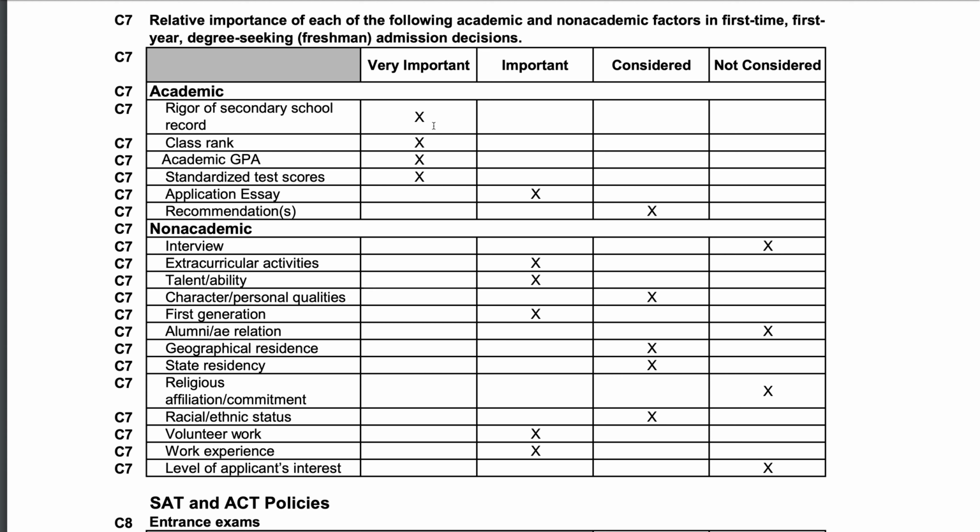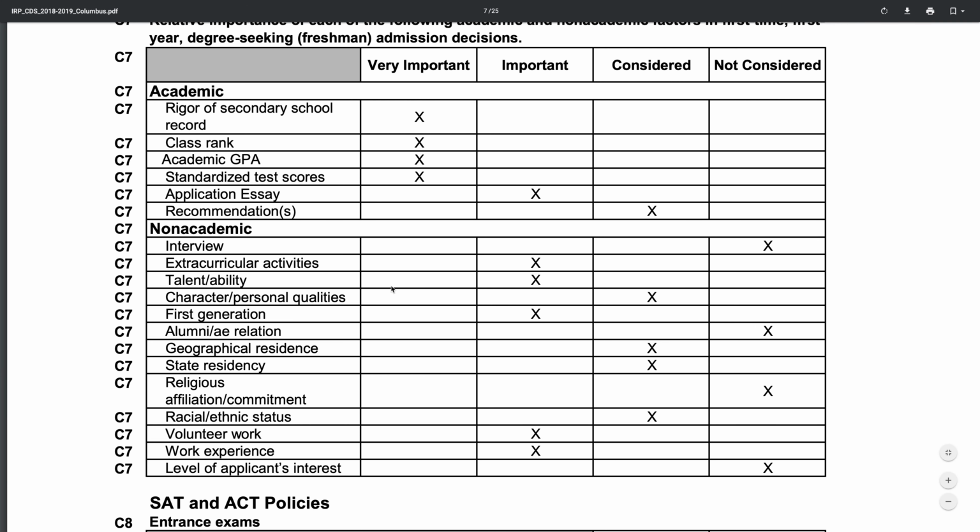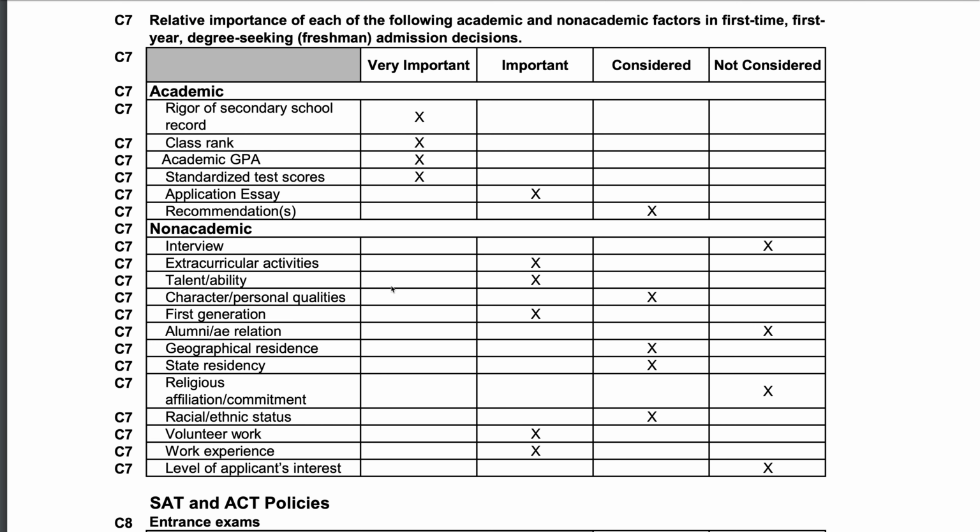They want a high class rank, a high GPA, and a high standardized test score. So this is at least what they need. On the important side, they want a good essay, good extracurricular activities, talent, first-generation status, some volunteer work, and some work experience. So if you have these kinds of characteristics, this might be a great college to get into. Again, you need to match your expertise against what the university wants.